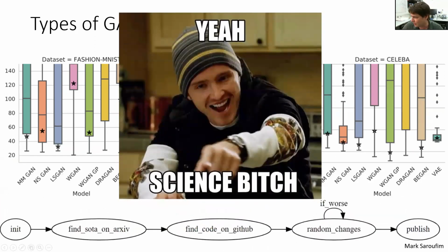So this guy Mark Saroufim actually did this diagram that shows how usually this thing works. So you start by finding something that is state of the art on arXiv, then you find its code, then you make these changes and you try a lot until you get a better result, and then you publish.